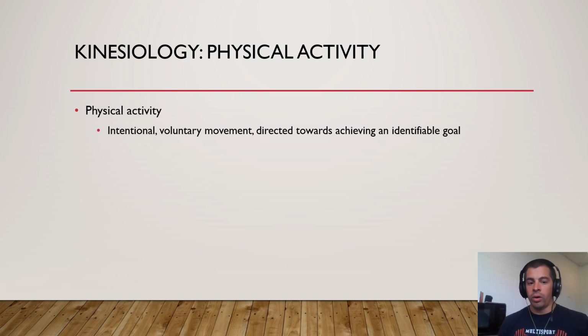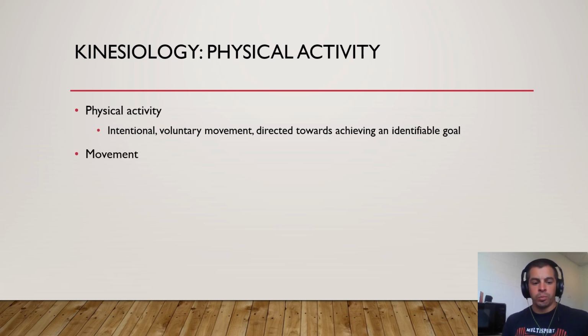The key words that I try to highlight: intentional. It has to be intentional, right? If I just blink or I'm breathing, these are involuntary. Blinking might just be a reflex, unintentional. Directed towards achieving an identifiable goal. There needs to be a goal.